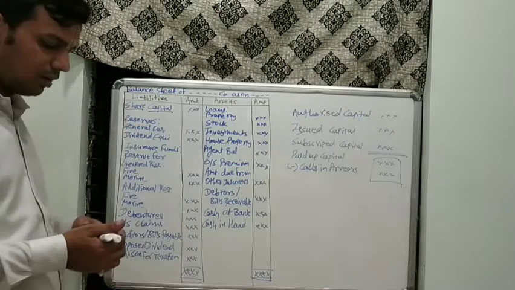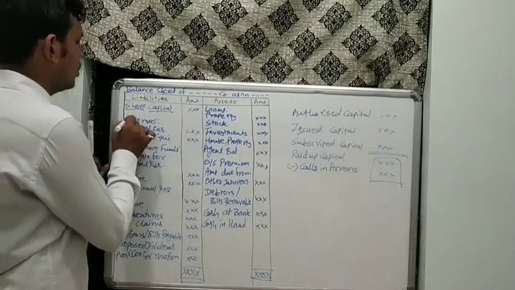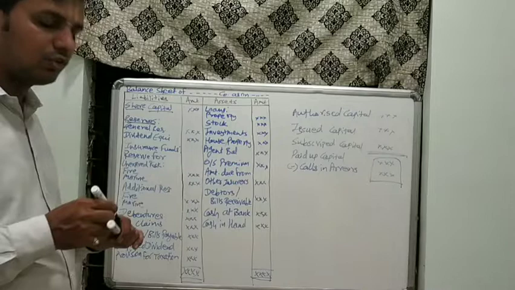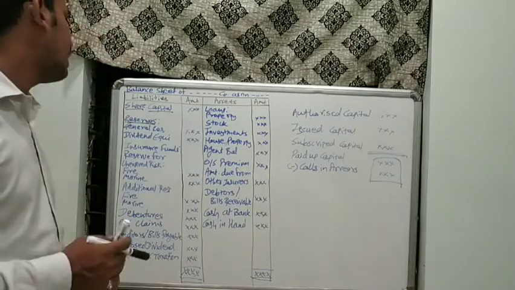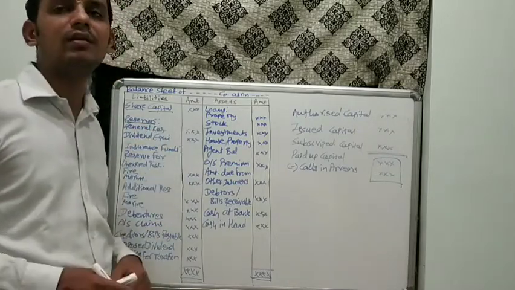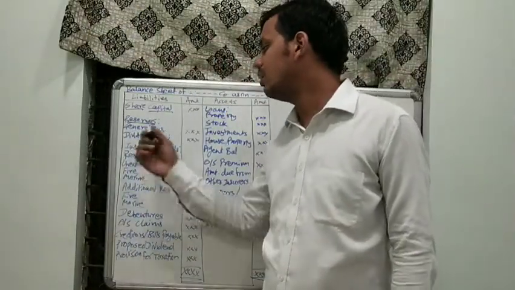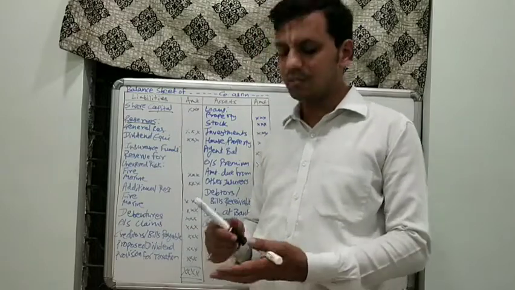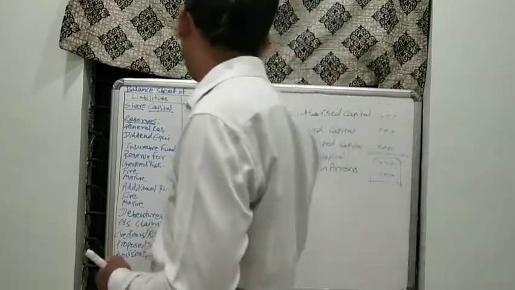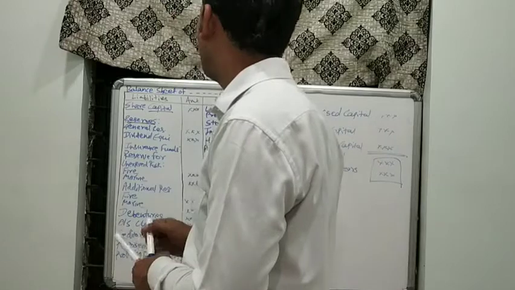Then second would be reserves. In the part of reserves we have to take whatever reserves we have created in the P&L appropriation account. We have to take all that reserves into the balance sheet on the liabilities part. For example, general reserve, dividend equalization reserve, all these kinds of reserves which are provided to us in the question would be taken here.